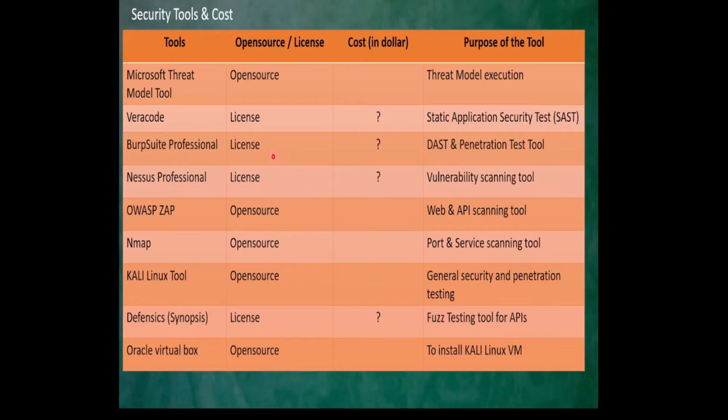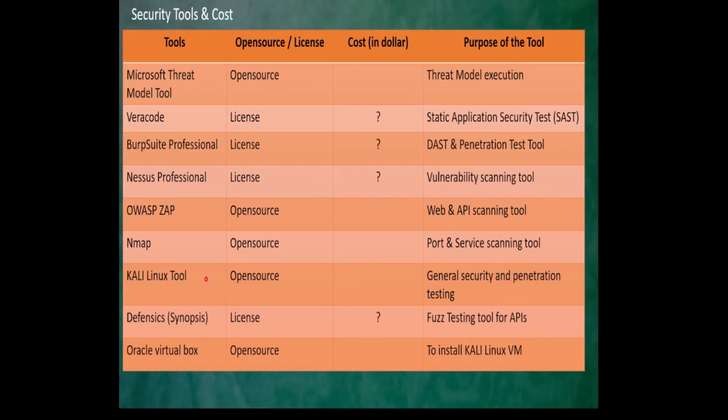Burp Suite Professional license we need, cost we need to update in the column. Purpose of the tool, DAST and penetration testing tool. Nessus Professional, this is also license. We need to consider the cost. The purpose of the Nessus tool is vulnerability scanning. Then OWASP ZAP, this is open source.